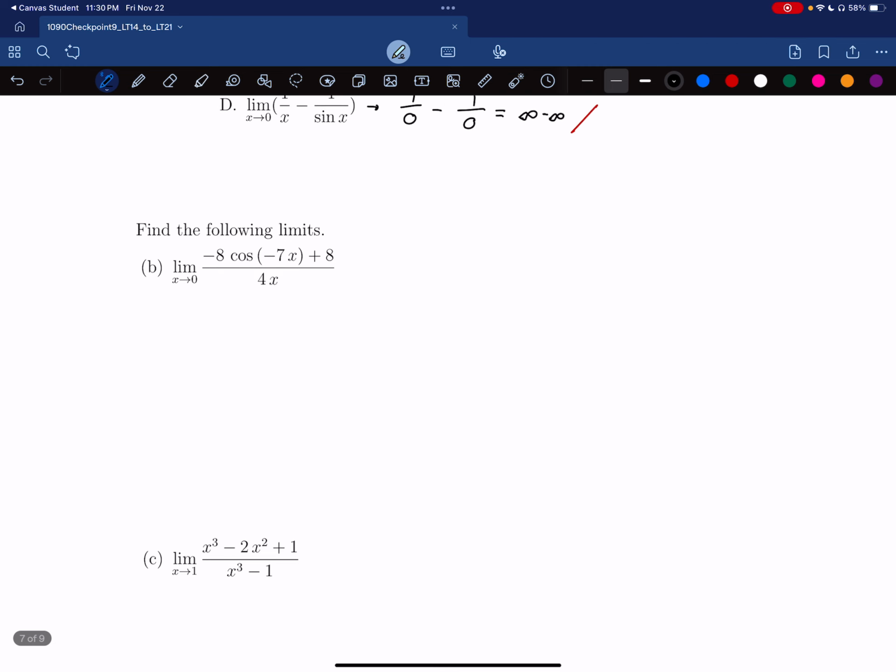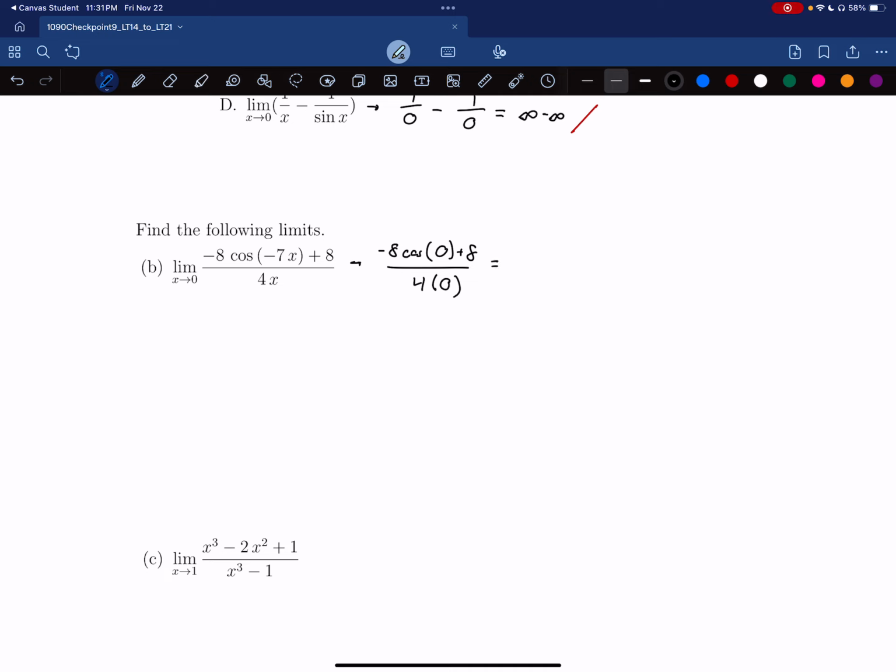All right. Now I gotta actually solve these limits using L'Hopital's. Well, probably using L'Hopital's. It hasn't really said that explicitly, but once you plug in our limit, we'll see what happens. So plugging in 0, I get negative 8 cosine of 0 plus 8 over 4 times 0.